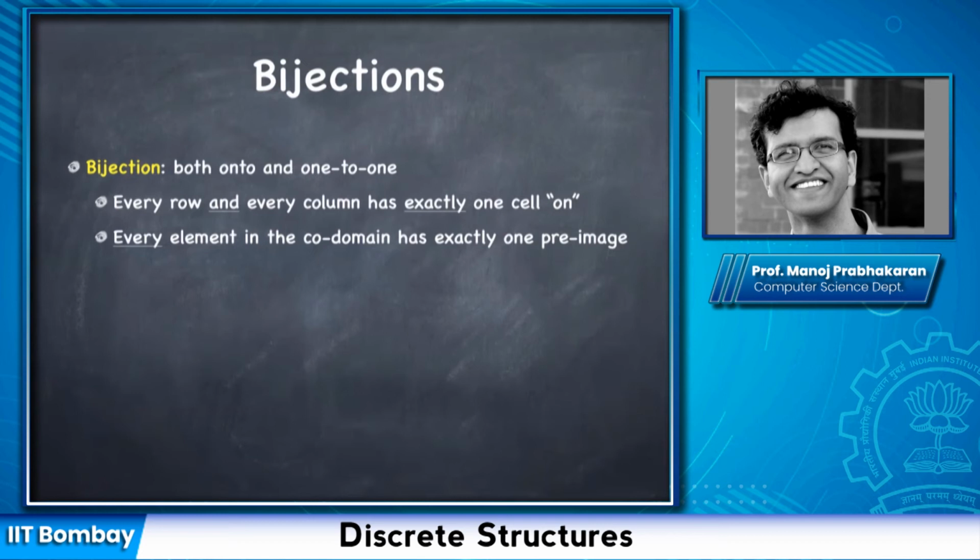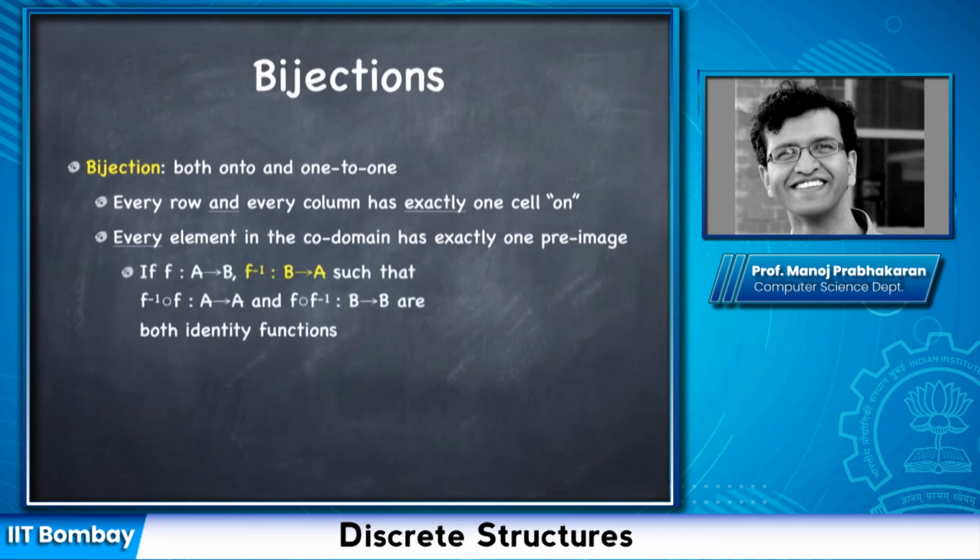A preimage of y is an x such that f of x equals y. In onto functions, every y has at least one preimage. In one-to-one functions, it has at most one preimage. And in bijections, every element in the codomain has exactly one preimage.